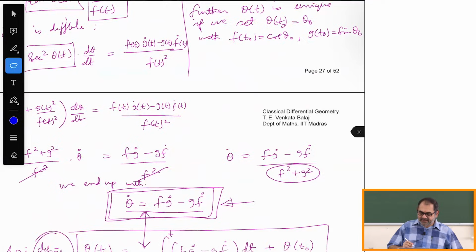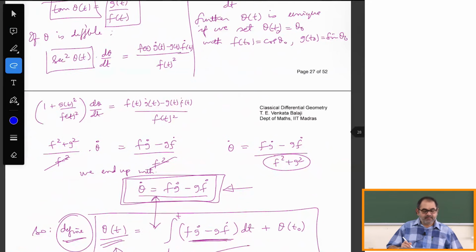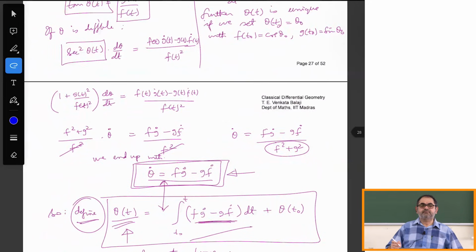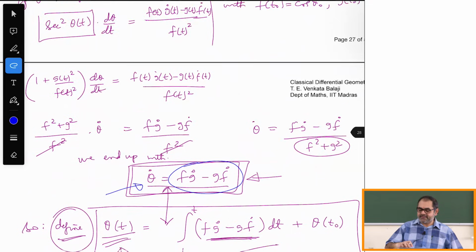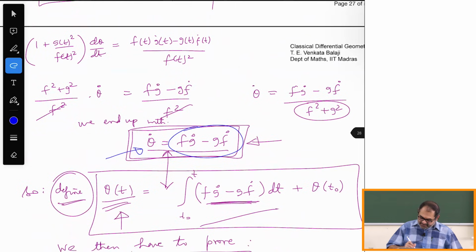The fact is, if you assume this, differentiation tells you that if theta were differentiable, then theta dot is given by this formula. Now you turn the roles and say, let us define theta by this formula, by integrating this formula. Then you have to show that this theta(t) will satisfy f(t) equal to cos theta(t), g(t) equal to sin theta(t).